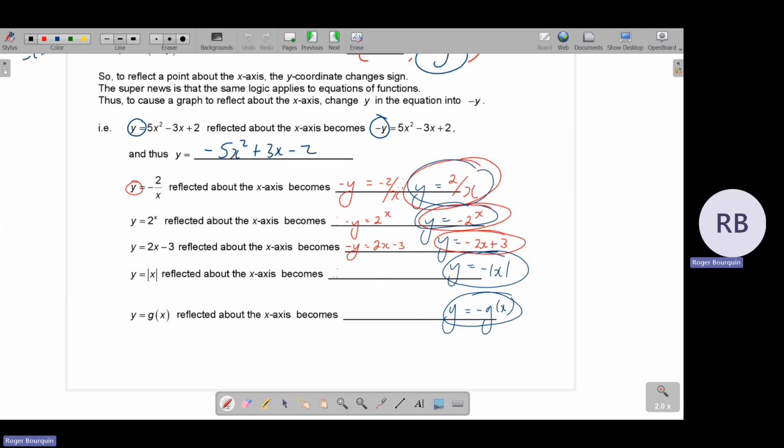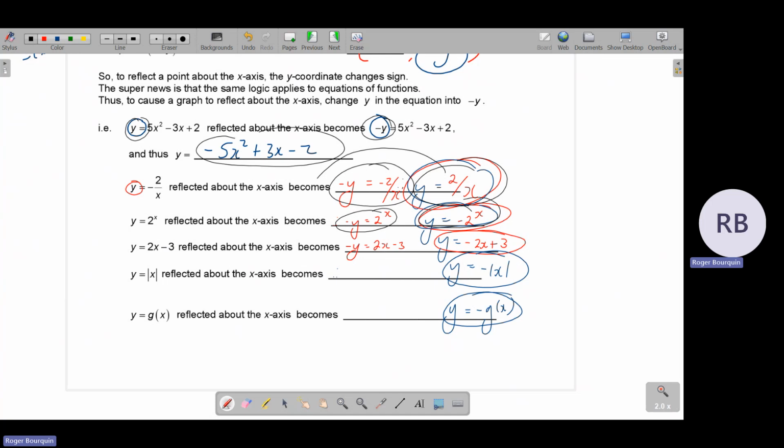The y becomes negative y, then you get y on its own by dividing everything by a negative. The effect is to reflect the whole graph about the x-axis. So if you had y equals negative 2 over x, it becomes negative y equals negative 2 over x. Divide by negative, and you can skip steps eventually, and you get y equals 2 over x.